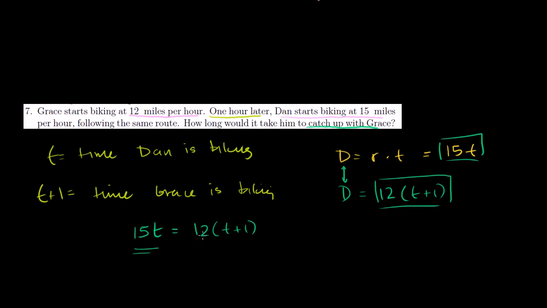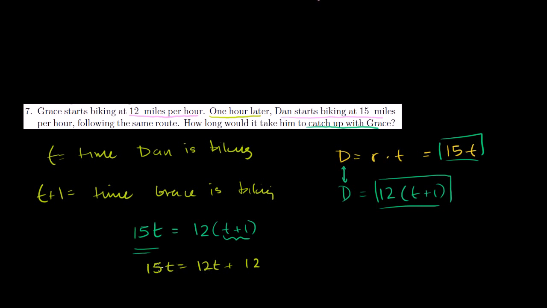That is how far Grace has ridden her bike. And remember, her time is always going to be 1 hour more than Dan's. So let's just solve for time. So we get 15t is equal to 12 times t plus 1, which is 12t plus 12. I don't want to make a mistake there.